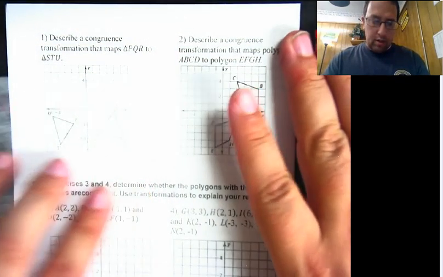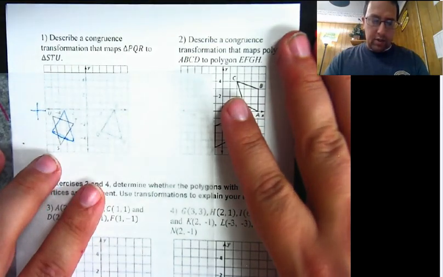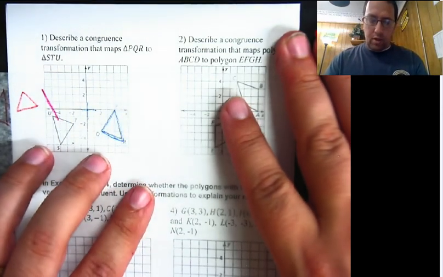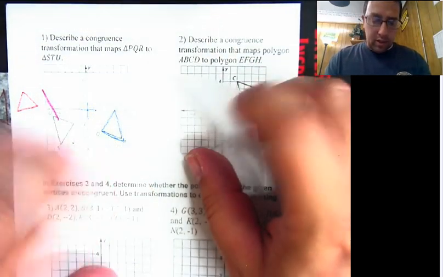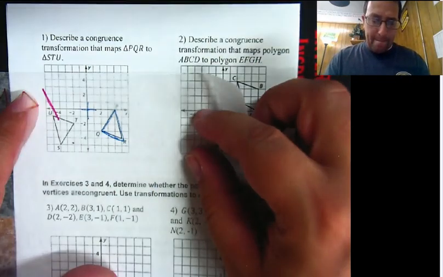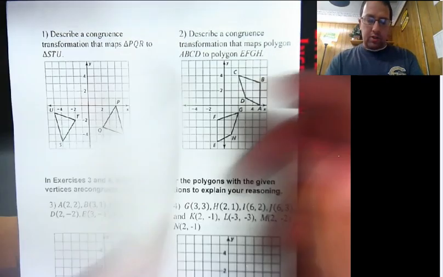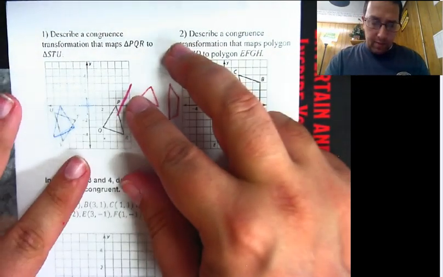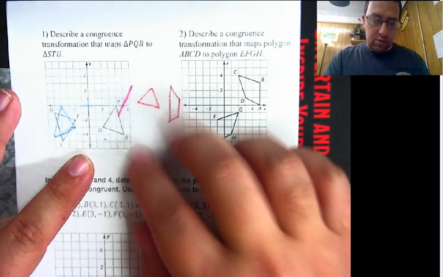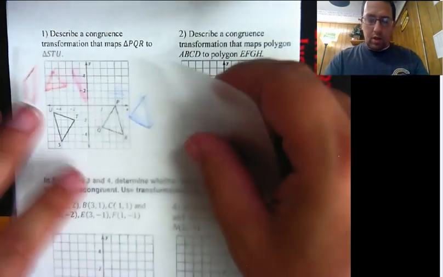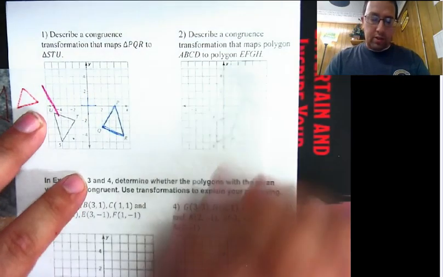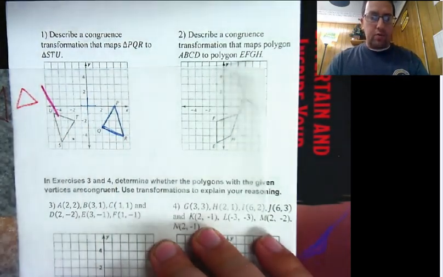Now, obviously, I can't just do a translation. Not going to work. So we could try either a rotation or a reflection. Well, let's see. We can maybe do a reflection. Let's pick it up, match up my origin there, and we see not quite. Not quite. So maybe a rotation, because this is in a different orientation.